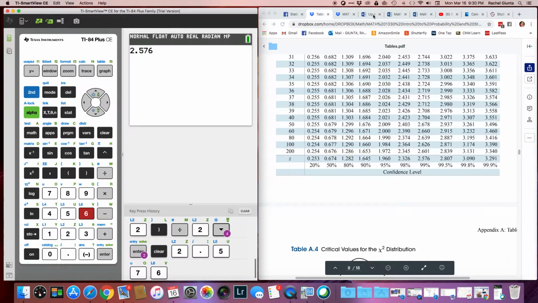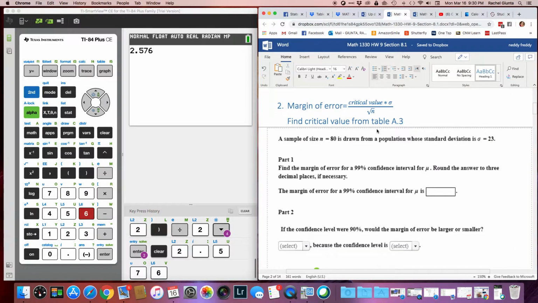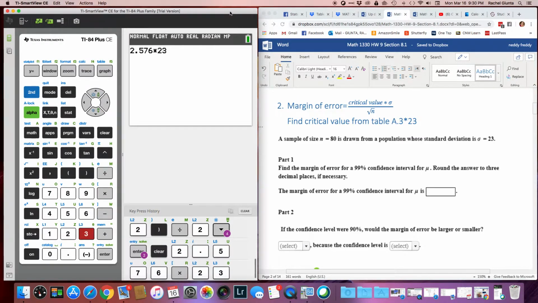So then that goes into the calculator, 2.576, and I'm going to go back to the equation here, times sigma, which is 23. So times 23. And I should have that all in parentheses here, actually.